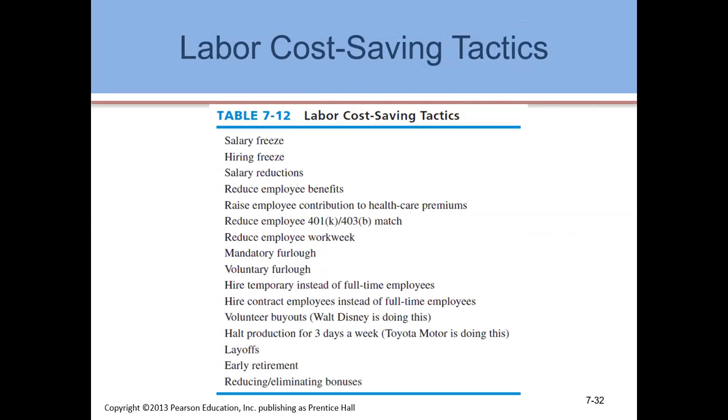At the same time, labor cost saving tactics is something we should be looking at, because during the implementation, the labor cost is one of the major aspects which are brought under discussion.